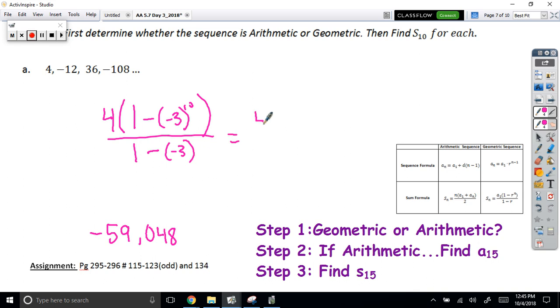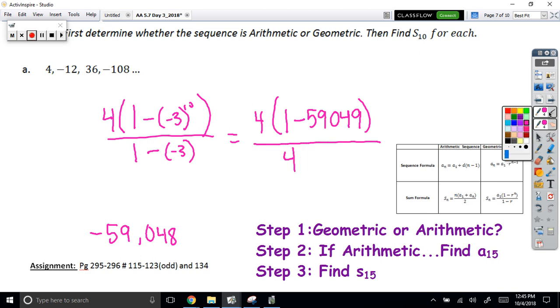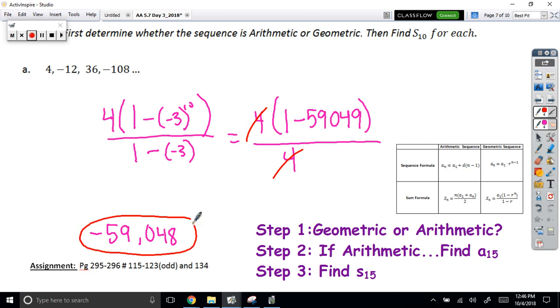So that gets me 4 times 1 minus something really big, 59,049. 1 plus 3 is 4, so you can just divide out those 4s, so you don't have to multiply it by a big number. But we would take 1 minus 59049, which will get us negative 59048.